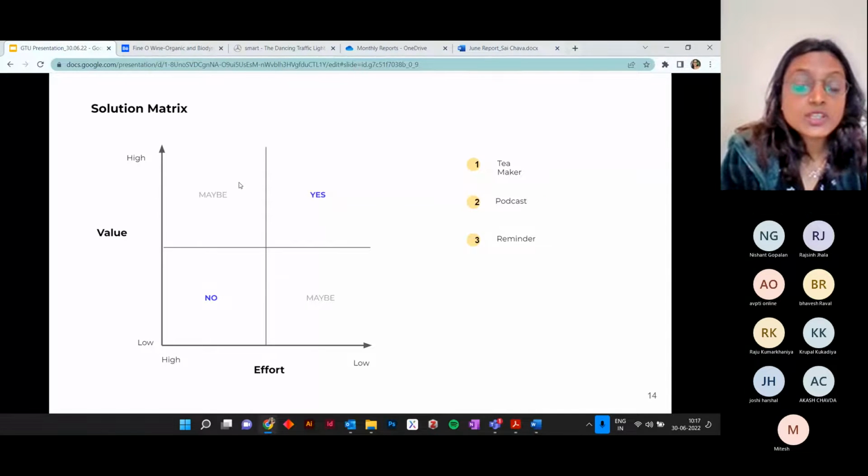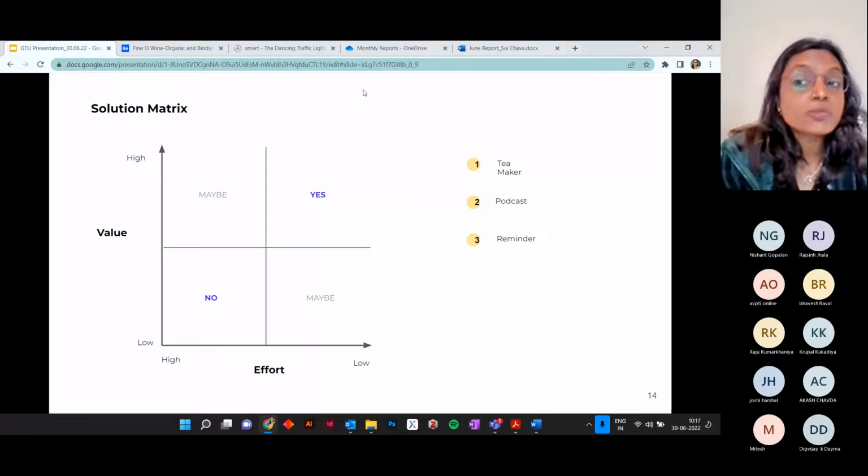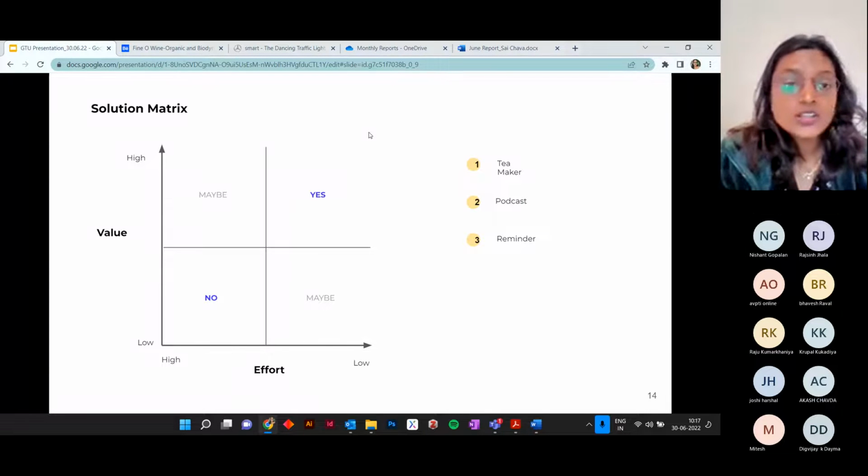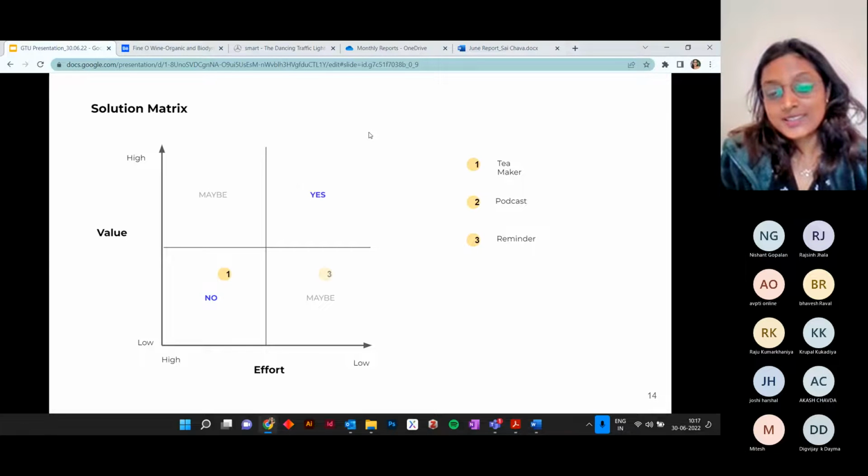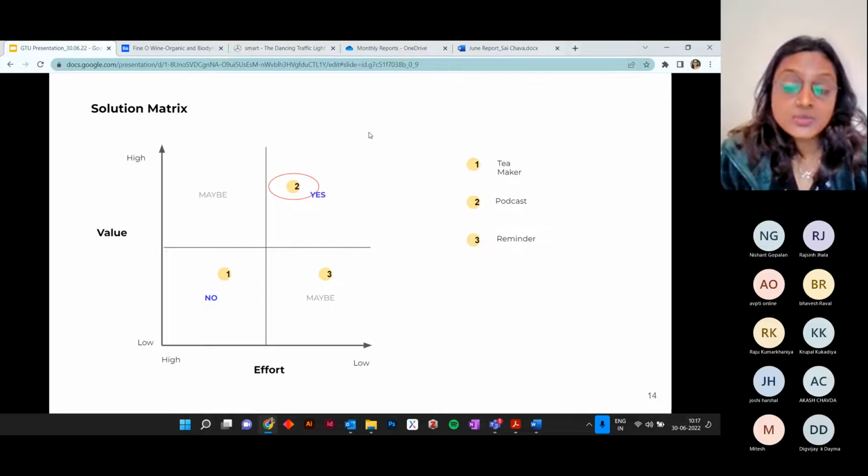But sometimes the maybe quadrants also can come into play depending on how much investment your client is willing to make. So I place them like this: the tea maker is, I believe, very high effort because we are talking about purchasing or manufacturing a tea maker. So it's a very high effort for value that is low because tea makers have been around for some time.